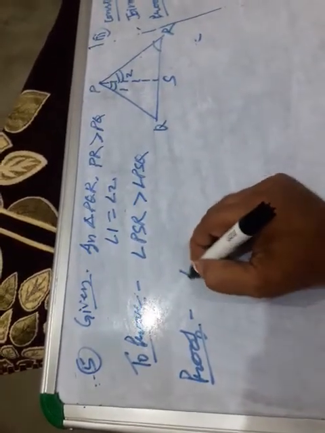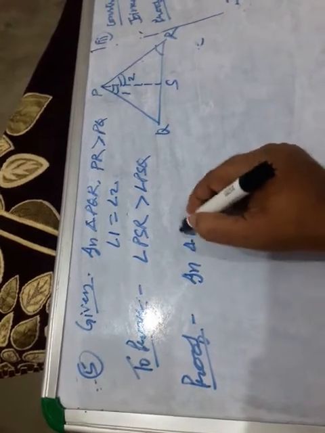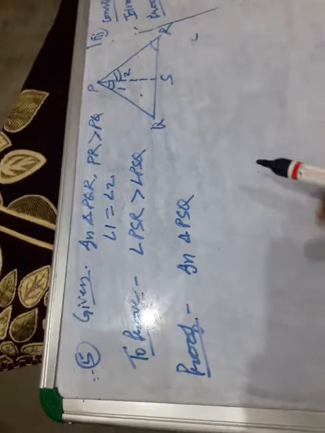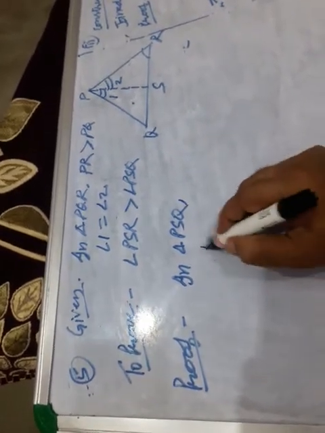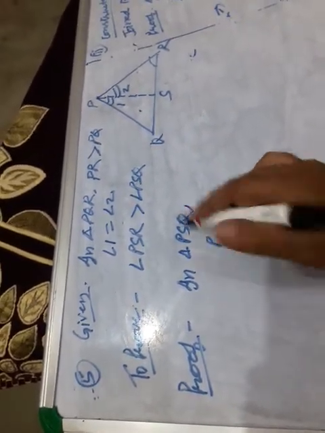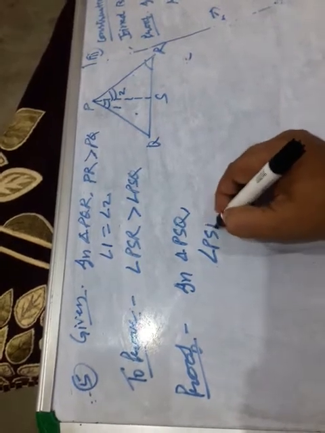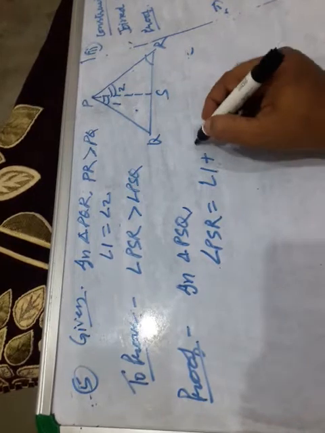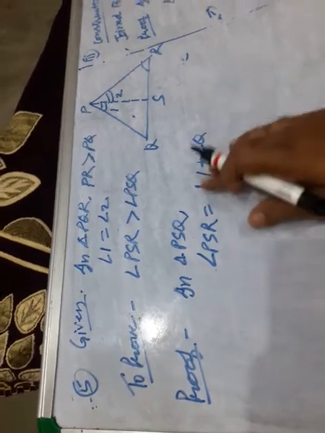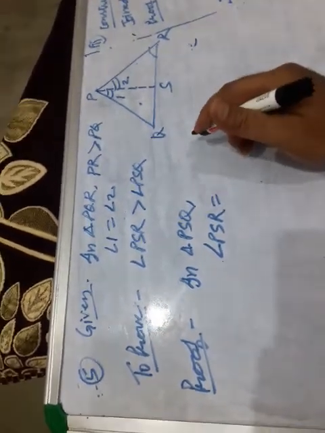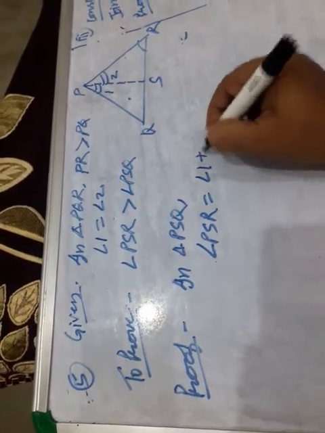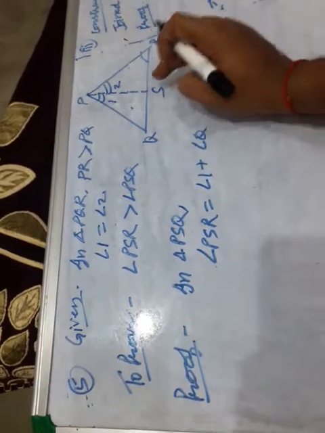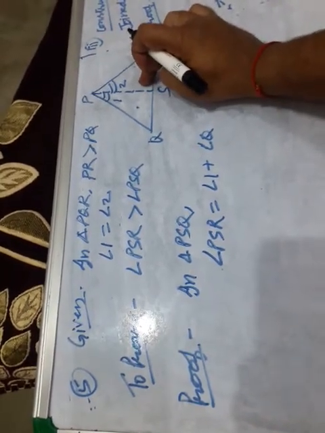Now in triangle PSQ, what do we have? Angle PSR equals angle 1 plus angle Q. That you can write.